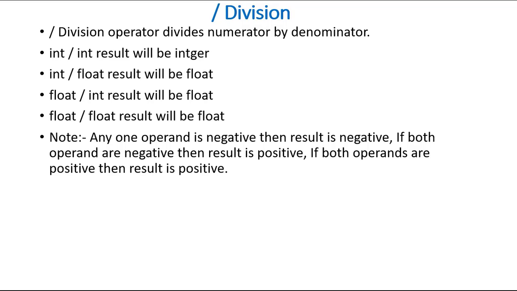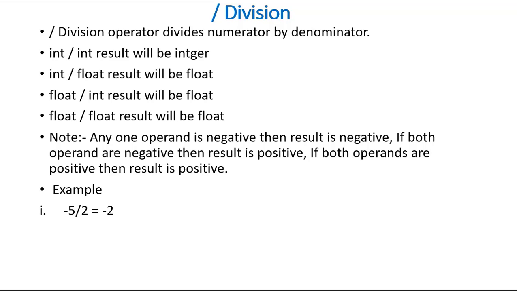Now let's move on. Here is one example. Numerator is minus 5, denominator is 2. Then result will be minus 2. Just now we have learned that if numerator and denominator have different signs, then result will be negative.